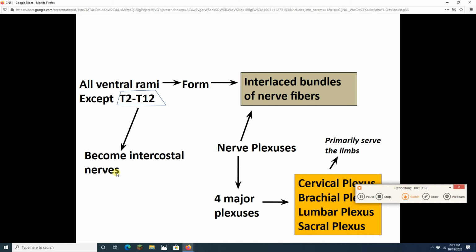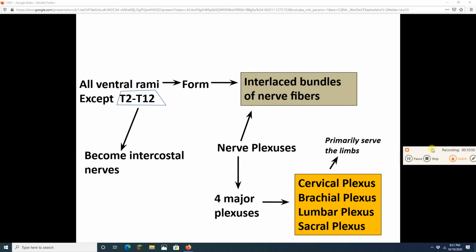The other ventral rami, so I'm talking C1 to C8, I'm talking C1 to T1, almost forgot T1, C1 to T1, L1 to L5, S1 to S5, etc. Those guys form these bundles of nerve fibers, and these bundles of nerve fibers are called nerve plexuses.